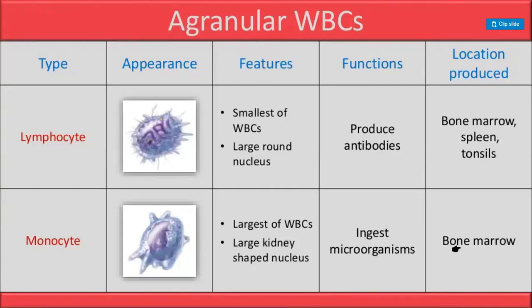And then these white blood cells are produced by a process called leucopoiesis. Leucopoiesis takes place in the bone marrow and other places that we mentioned earlier. And leucopoiesis is stimulated by leucopoietin, which is a protein that stimulates the production of leukocytes.